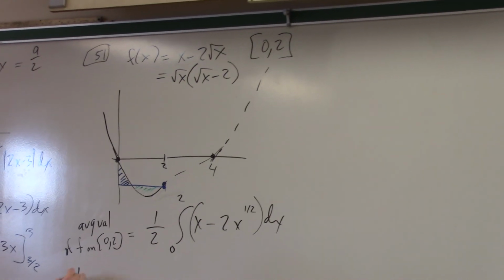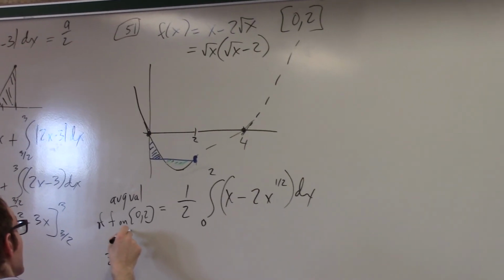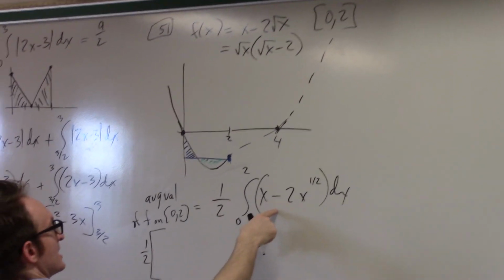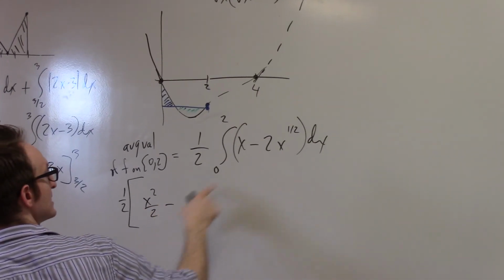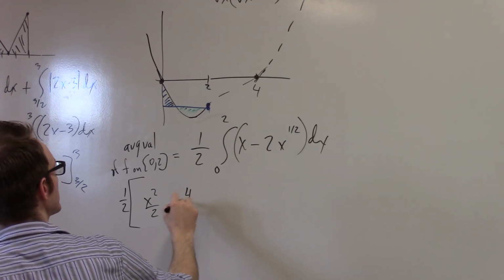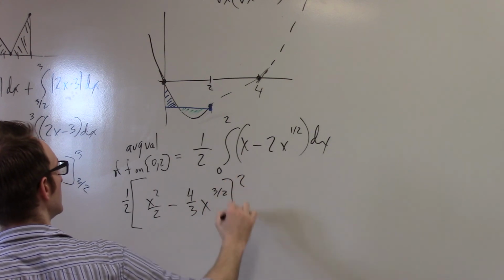And so what I'm going to get is 1/2 times, this is x squared over 2 minus 4/3 x to the 3/2. Did I do that right? Yeah.